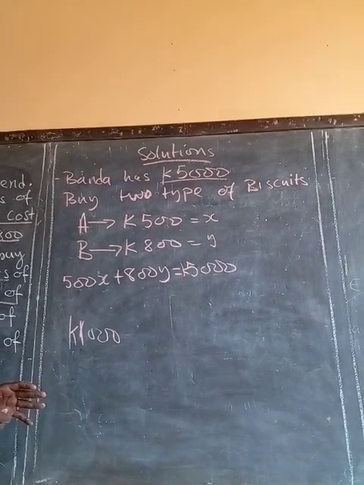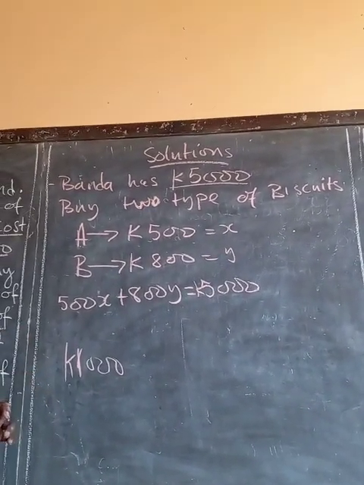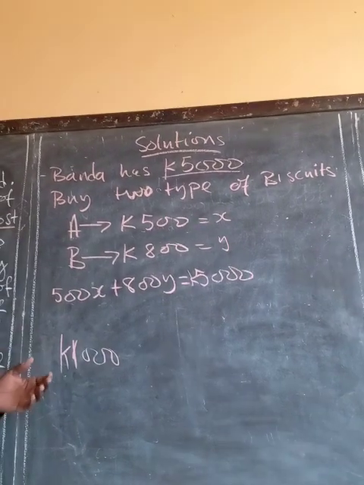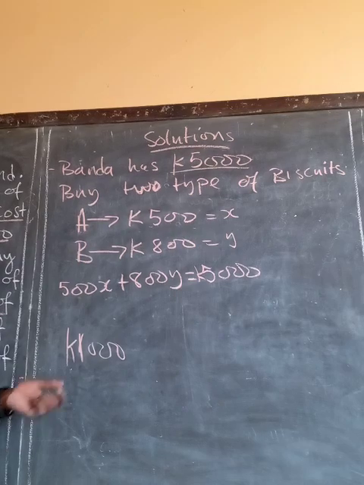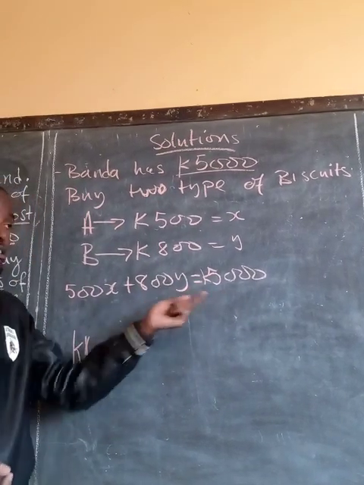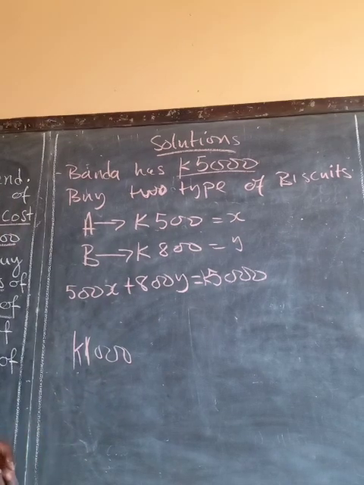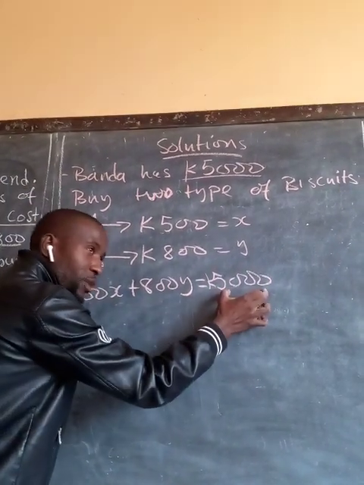You cannot. You go in a shop or in a store and you want to buy biscuits which are more than 5,000 kwacha, but you only have 5,000 kwacha. You will not be able to buy. So you need to have 5,000 kwacha to buy things equal to 5,000 kwacha or less.